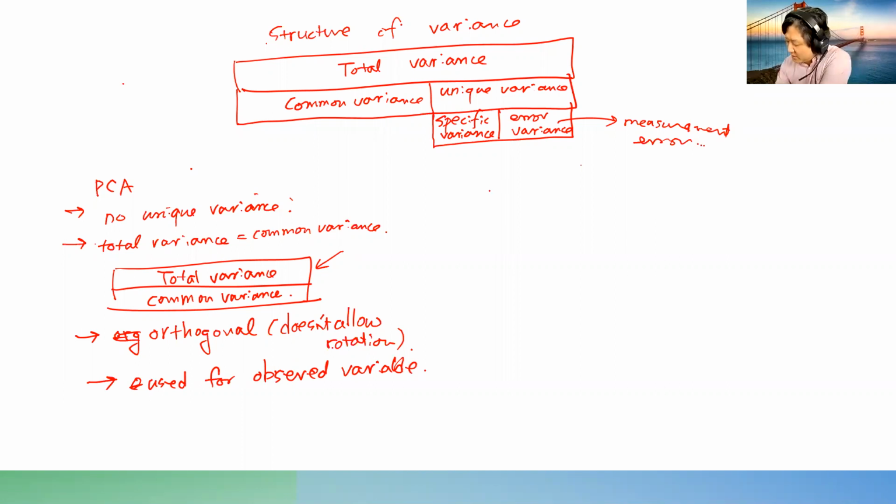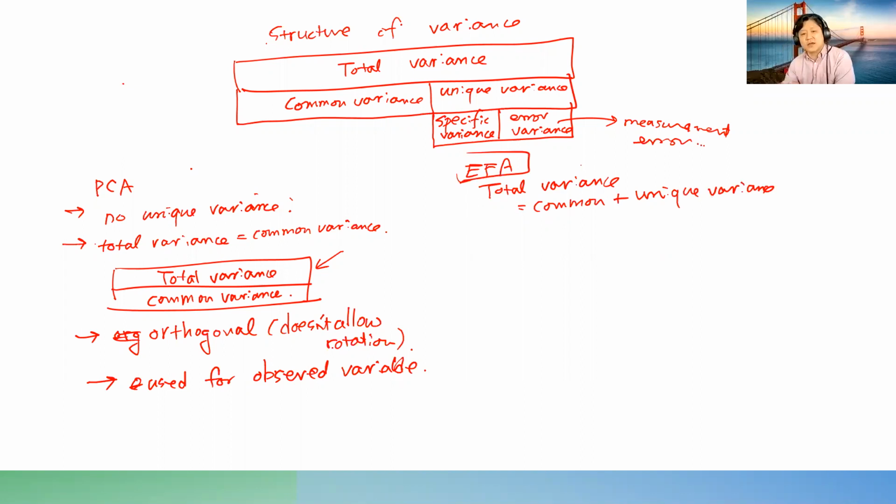Okay, but in EFA, total variance is equal to common variance plus unique variance. Okay, so EFA analysis takes into account any measurement error. So EFA analysis considers all the predictors or outcomes are not perfectly reliable.